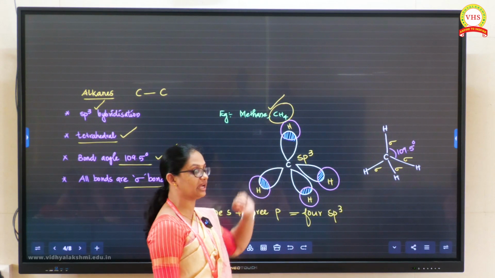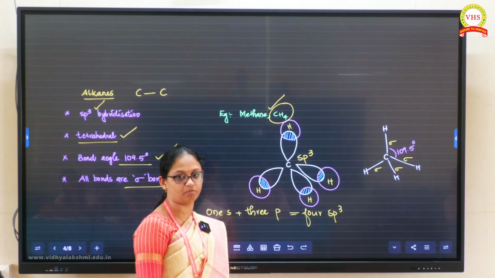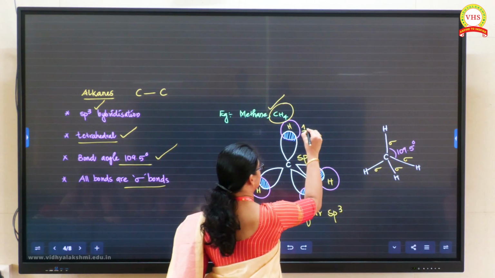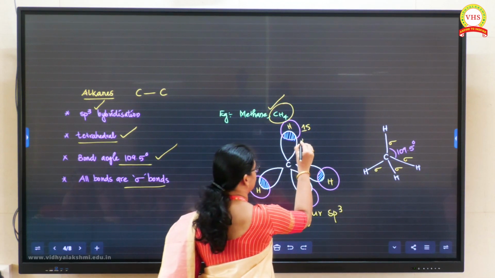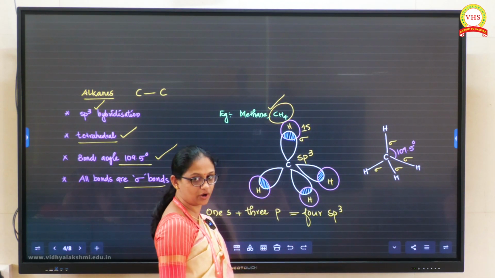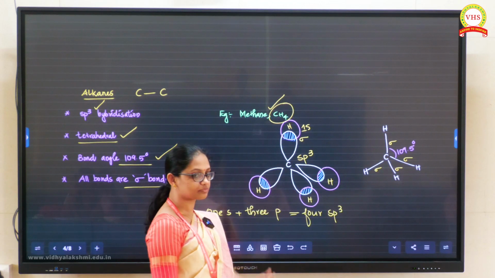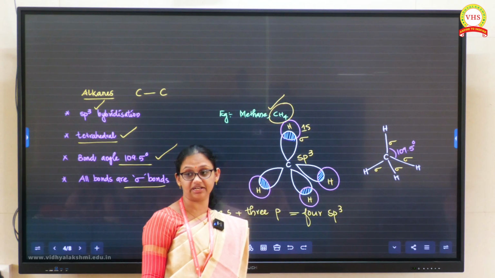Each sp3 hybrid orbital makes a bond with the 1s orbital of a hydrogen atom, forming which bond? Sigma bond. Clear? Carbon has 4 sp3 hybrid orbitals.